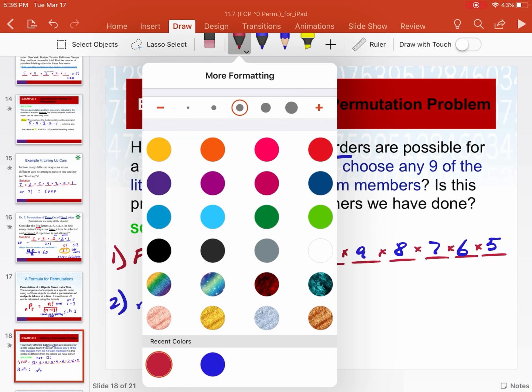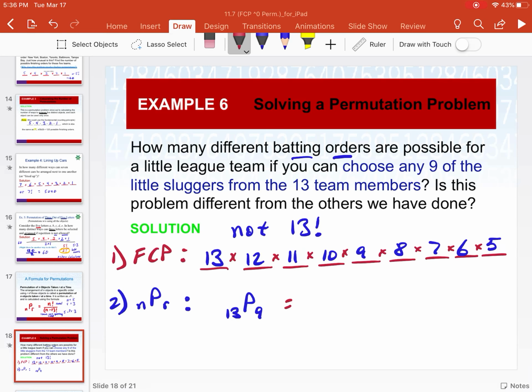Well, we can do it either way. I didn't go to the calculator yet, but let's check it. So 13 factorial over 13 minus 9 factorial. And you can think about the 4 as being the four players that don't get used. Okay?